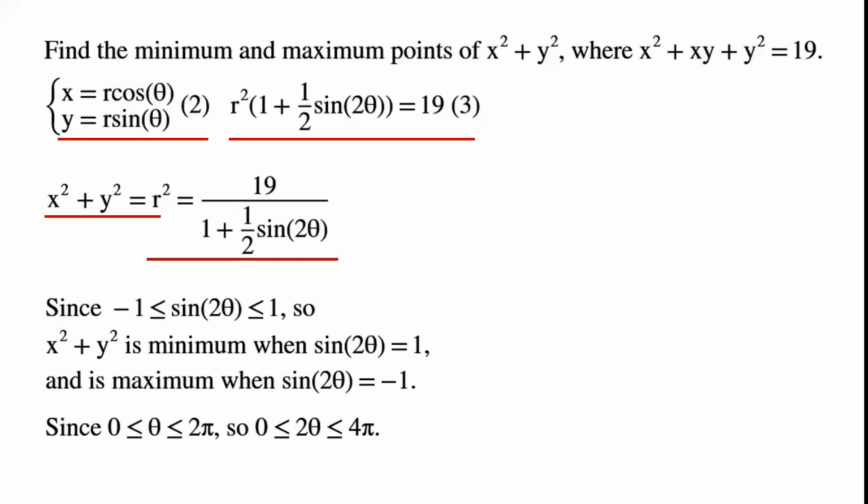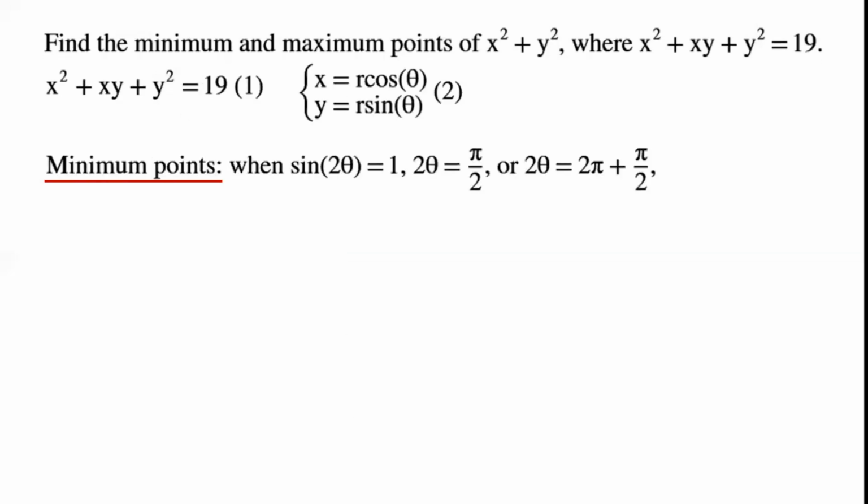Since 0 is less than or equal to theta, which is less than or equal to 2 pi, 0 is less than or equal to 2 theta, which is less than or equal to 4 pi.